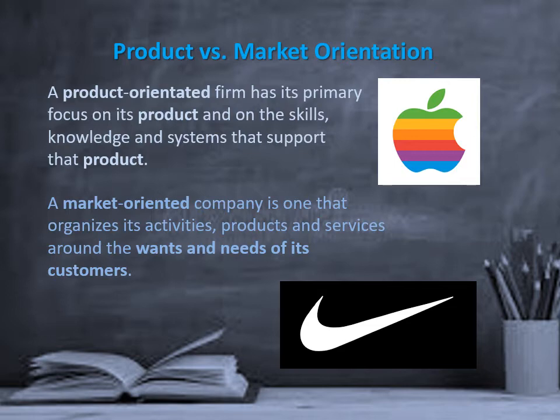Whereas a product oriented company will keep enhancing the features of the product so that it becomes more attractive to the targeted customers, to the potential customers. And this means they'll have to focus on the skills and the knowledge that can support development of the product for making it more successful.